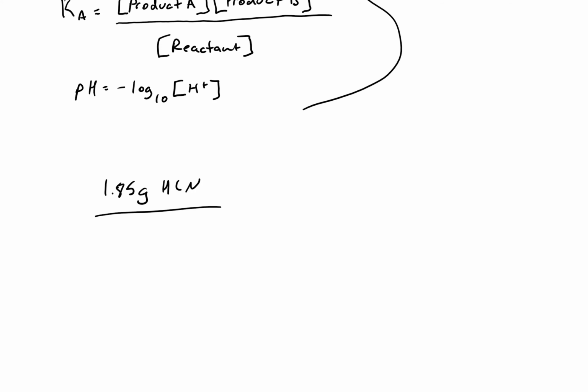We're going to divide that by the molar weight, which is 27.02 grams per mole HCN. So when we do this, we find that we have 0.06846 moles of hydrocyanic acid.